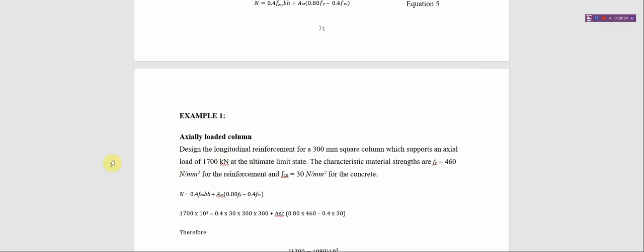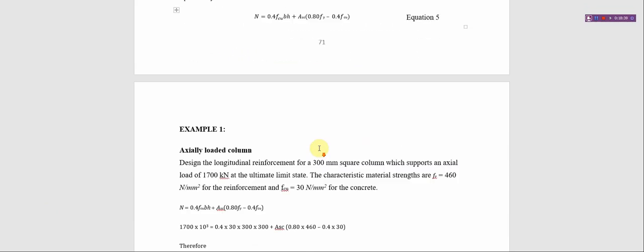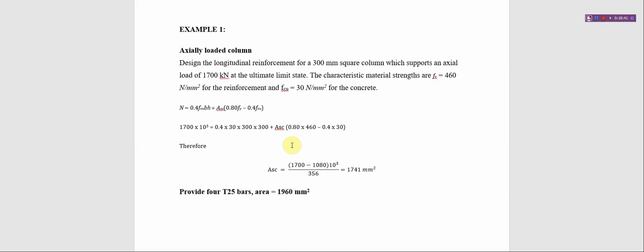And I told you, because this is a square column, a square is a rectangle too. So we're going to use this formula, N equals 0.4 fcu Ac plus 0.75 Asc fy. You can see this one is in your BS 8110, equation 38 of the BS 8110 that I sent to you earlier. You will see it there.